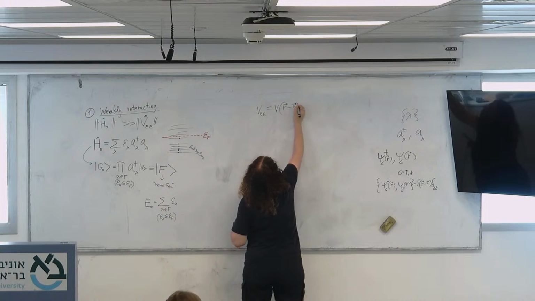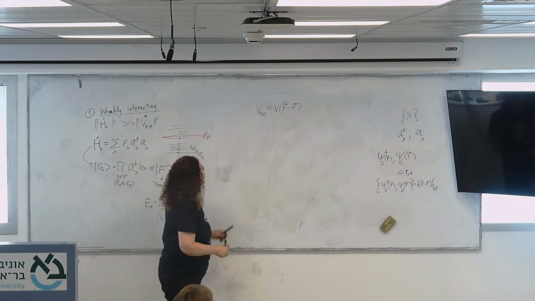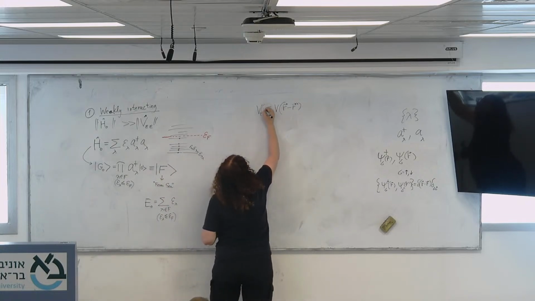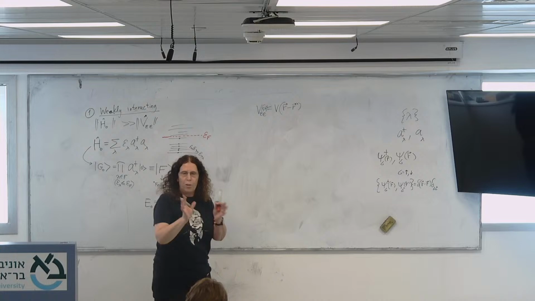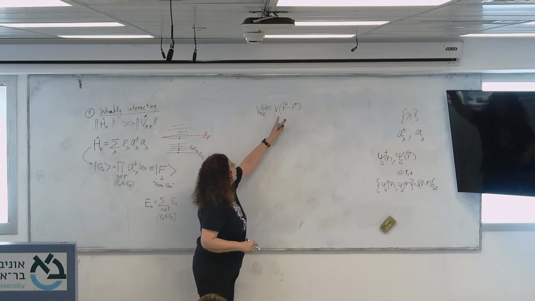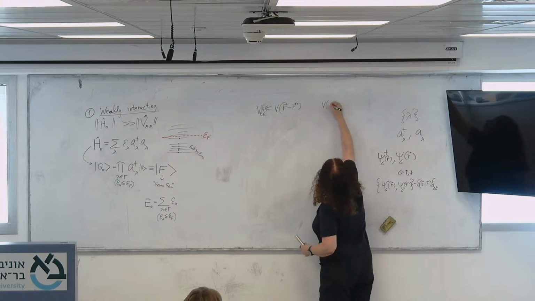This is the potential. Let me just call it V without the E because it's going to be just a function. It's the interaction potential, where again for Coulomb interaction, Coulomb is just e squared over r.